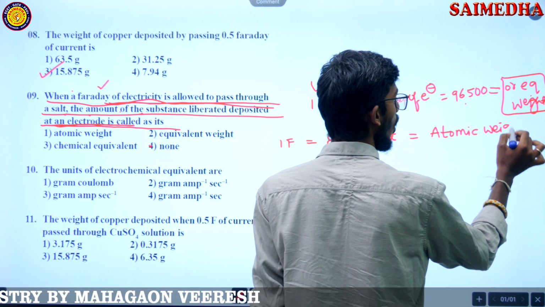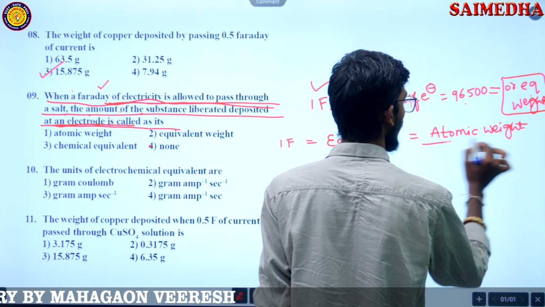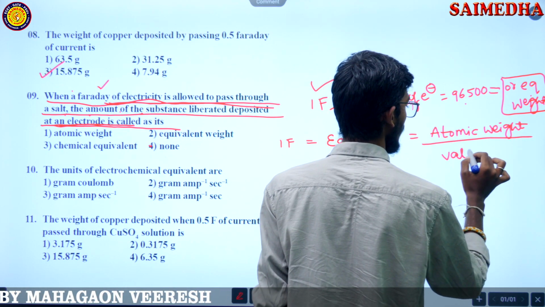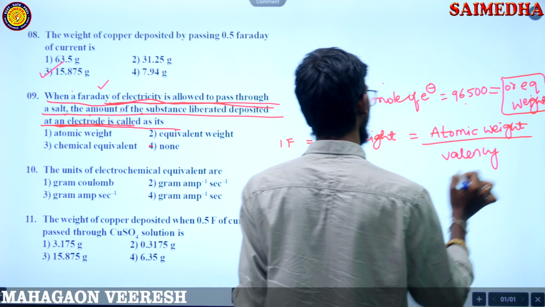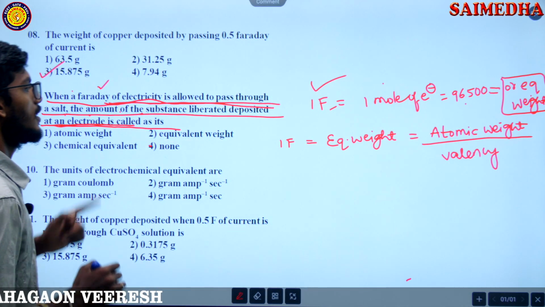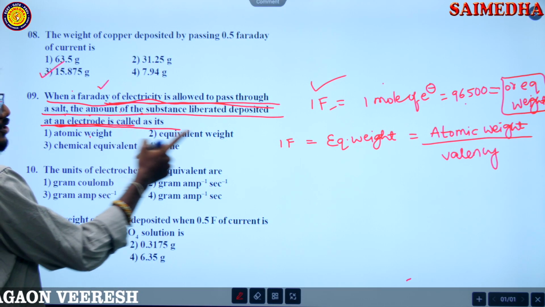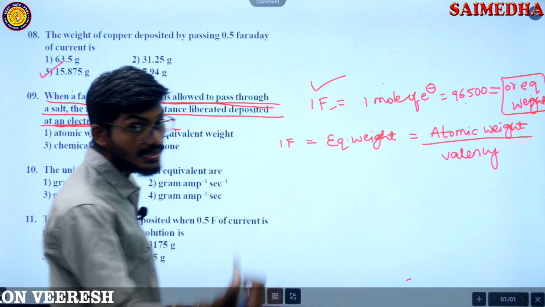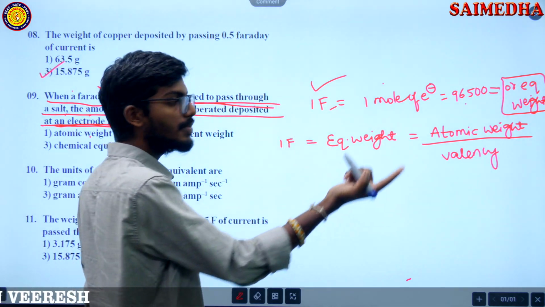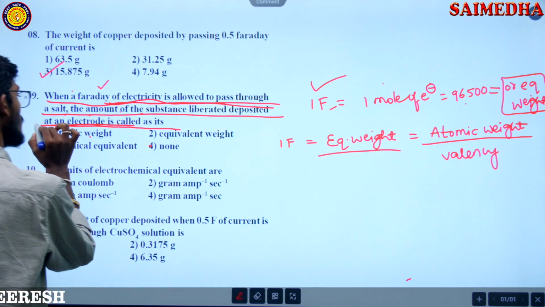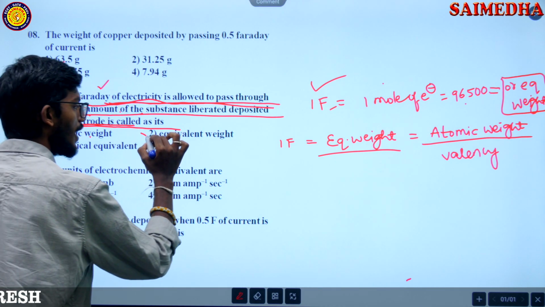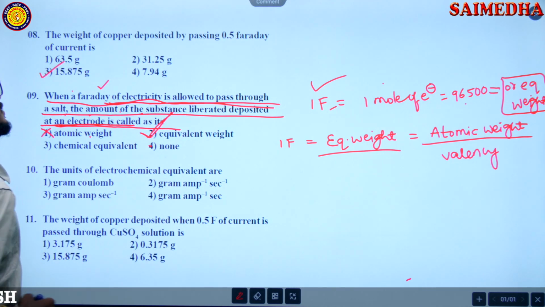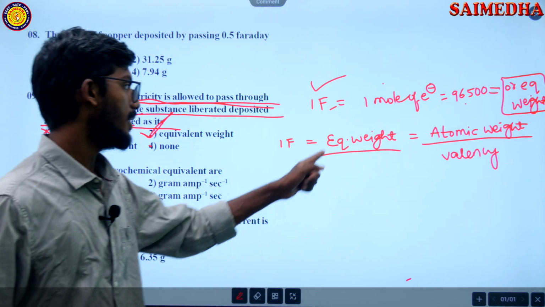So atomic weight is wrong, because atomic weight by valency is what it will give. Atomic weight by valency means equivalent weight. So equivalent weight is the right answer.